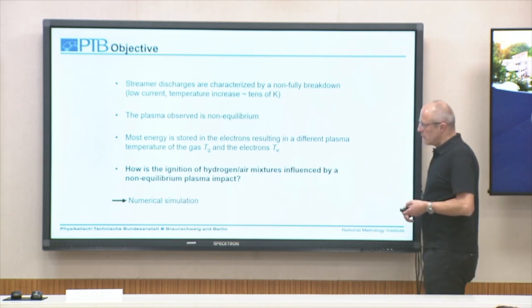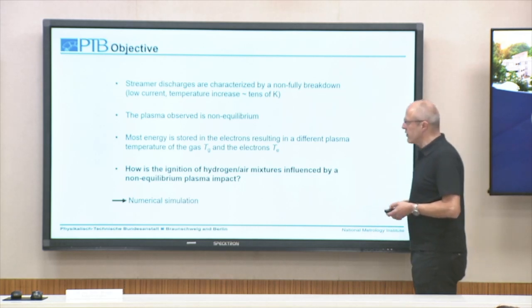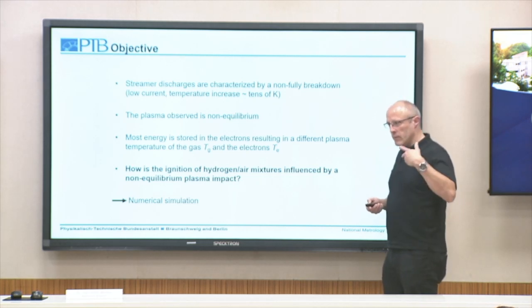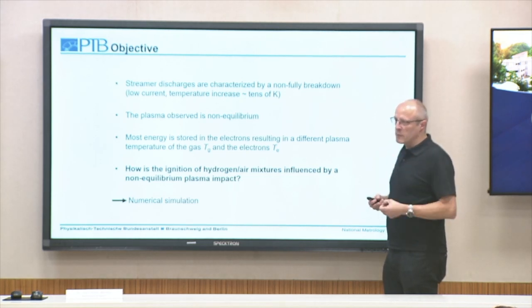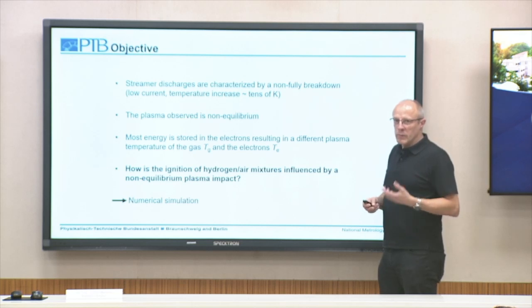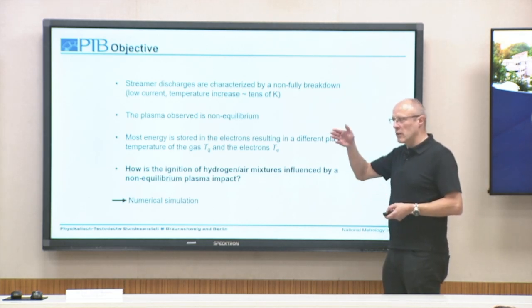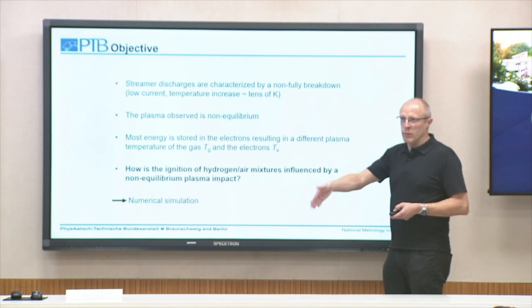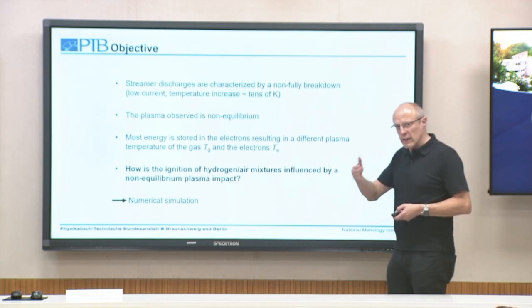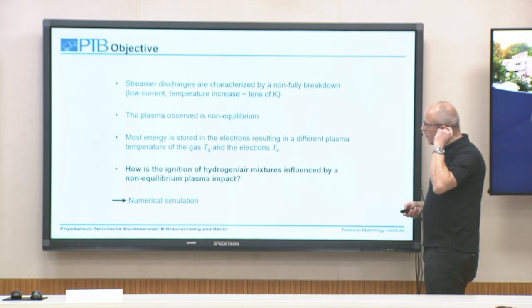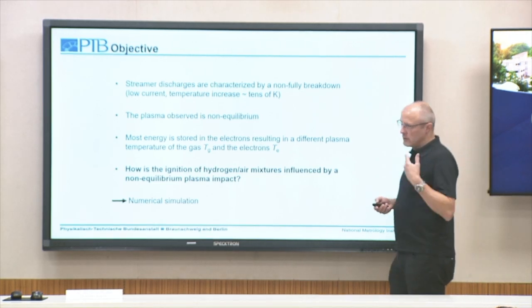combustion region. And the question is, how is this ignition influenced by these effects? Normally, if we want to describe spark ignition, temperature is of importance. This we need to know precisely, and the temperature depends on the energy we deposit into the system. And we can neglect a lot of other phenomena.